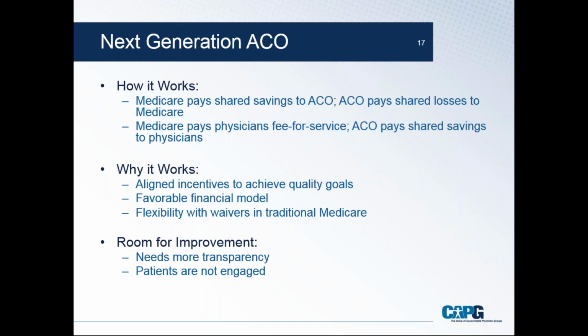The other benefit of participating in the Next Generation ACO program is that there are waivers that are not available in traditional Medicare. In this particular case, the Next Gen participant highlighted the availability of voluntary patient alignment. So in the Next Generation ACO, beneficiaries can elect to participate if they select a specific doctor.